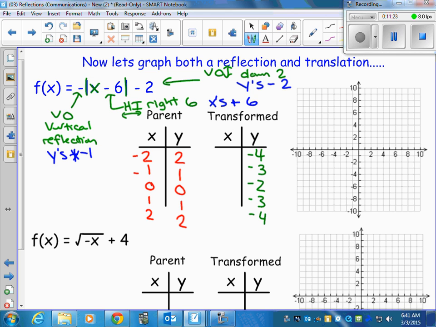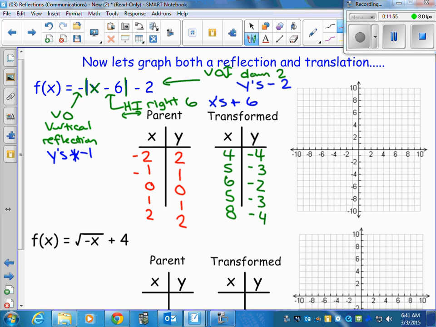Our x values are going to be moved right 6. So we have to add 6 to all of our x values. Okay, so we added 6 to all of our x values to move them to the right 6 spots.